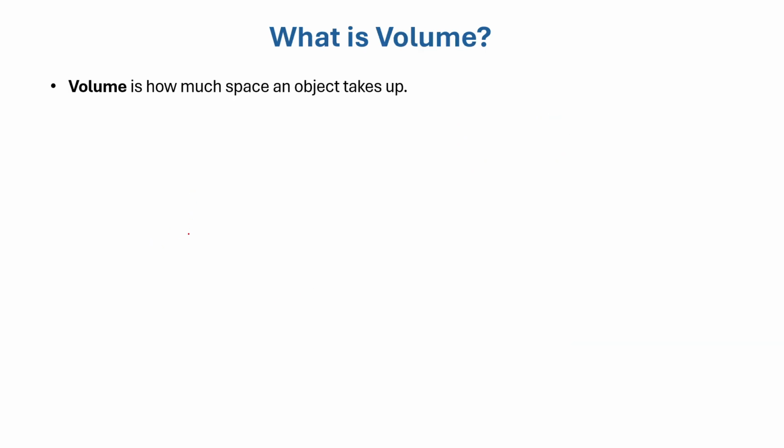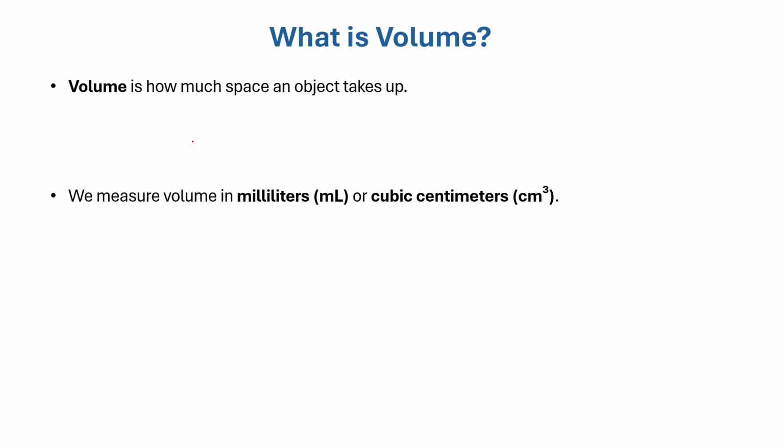So what is volume? Volume is how much space an object takes up. So we measure volume using milliliters and cubic centimeters and some other units that we use. So if you have, suppose, 2 liters of water in a beaker, you can transfer this water into a different shape of bottle or even into a 15 ml tube.